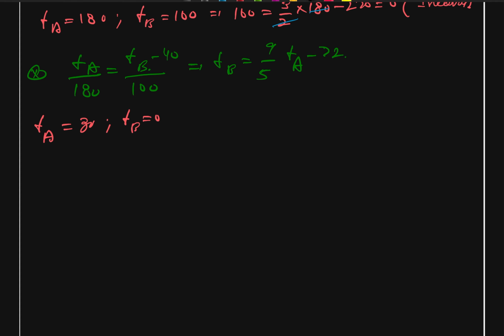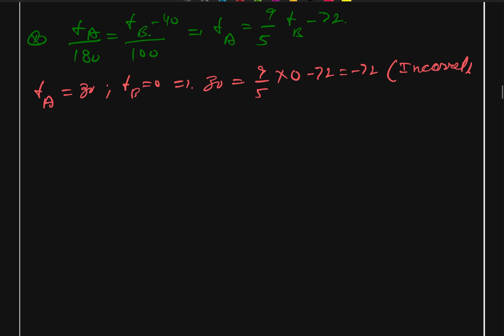Now it is correct. So we substitute the values. We get TA is 30, 9 by 5 times 0 minus 72, which comes as minus 72, which is also incorrect.